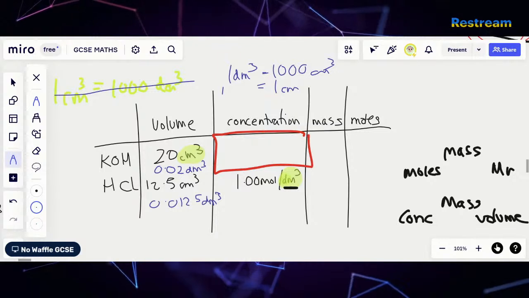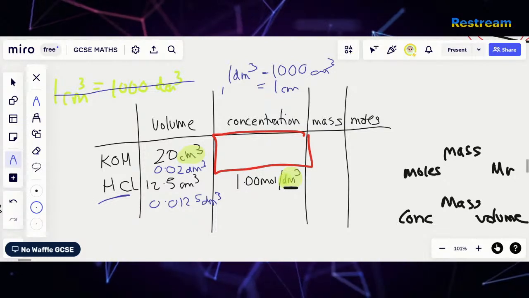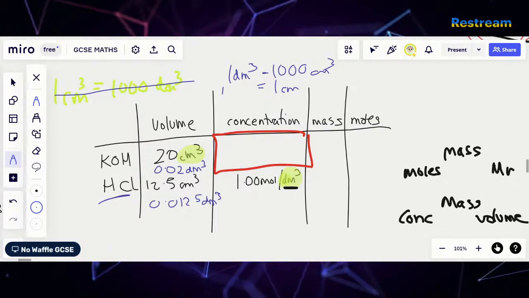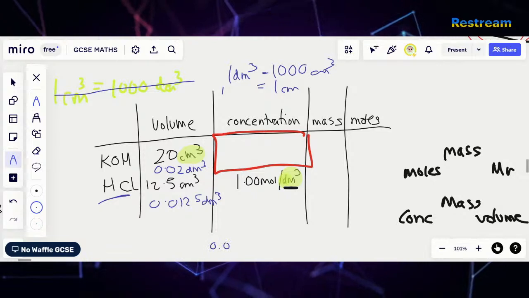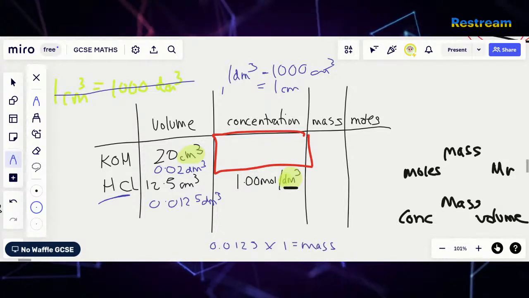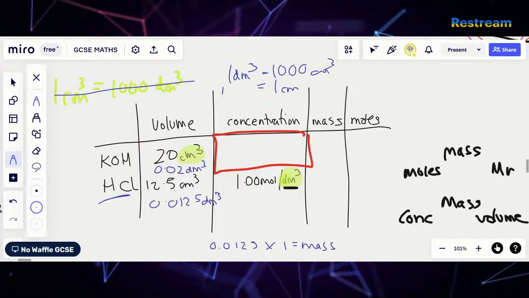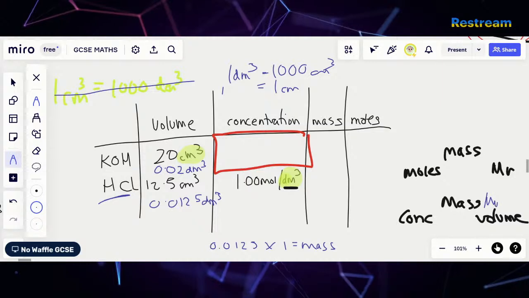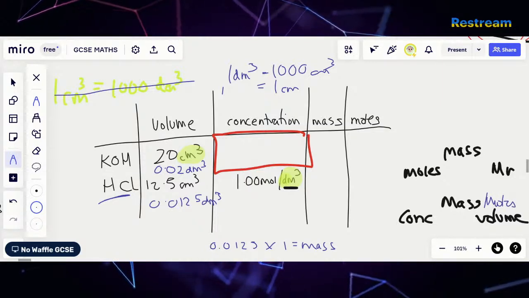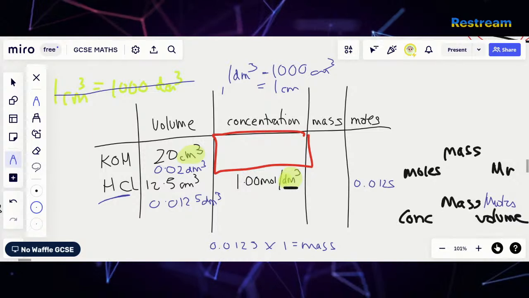We can now work out the mass and moles of hydrochloric acid. We're given the volume and the concentration, so we can work out the moles by doing 0.0125 multiplied by 1. So there are 0.0125 moles.